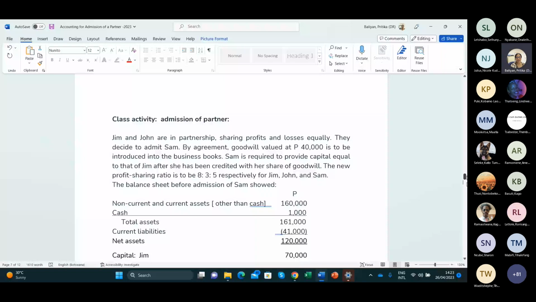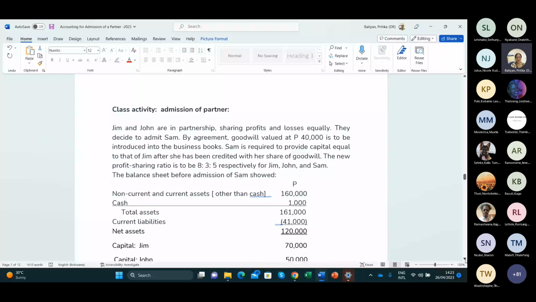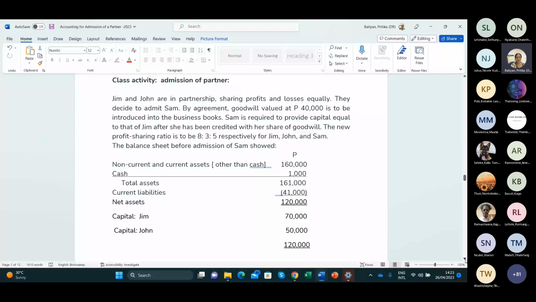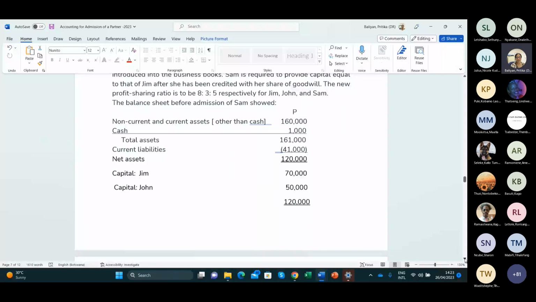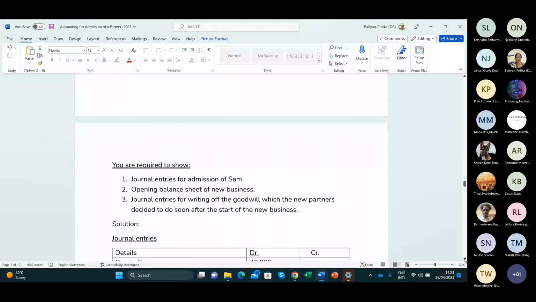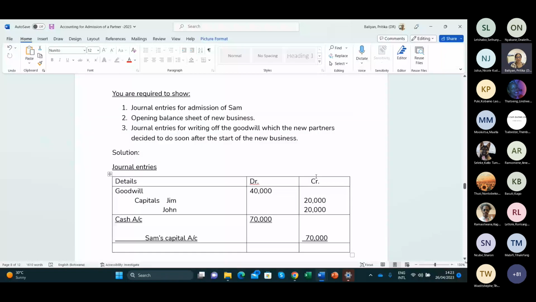So that's how they calculate the goodwill, and they find that 40,000 is the goodwill. Goodwill is always shared among the partners according to their profit and loss sharing ratio. Before the new partner joined, the goodwill was 40,000. This goodwill has to be shared among the old partners. So we pass the journal entries for the admission of the new partner.